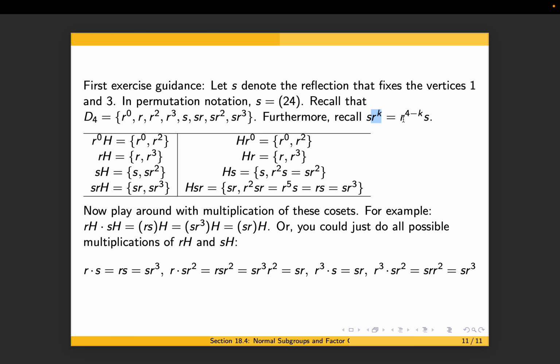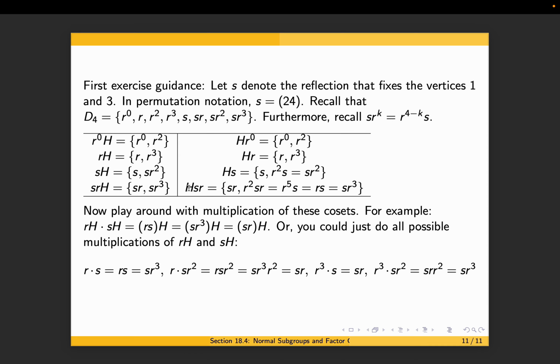And when I do that, I pick up an r cubed. So if I scoot the r over, I now have an r squared and r cubed, which is 5 r's. That's rotating by 90 degrees 5 times. That's the same thing as rotating by 90 degrees. So it's the same thing as doing rs, and rs is the same thing as SR cubed. And so this right coset consists of SR and SR cubed, and you get a match.